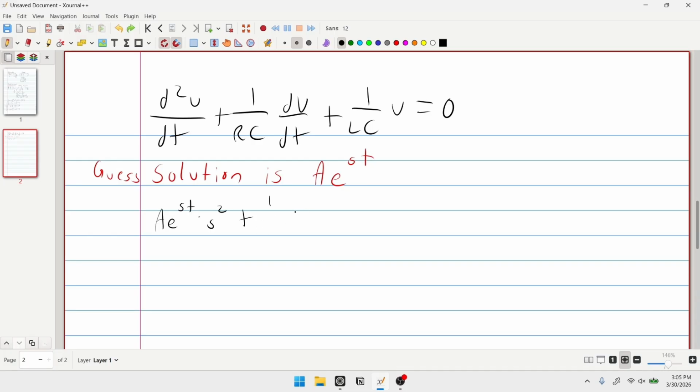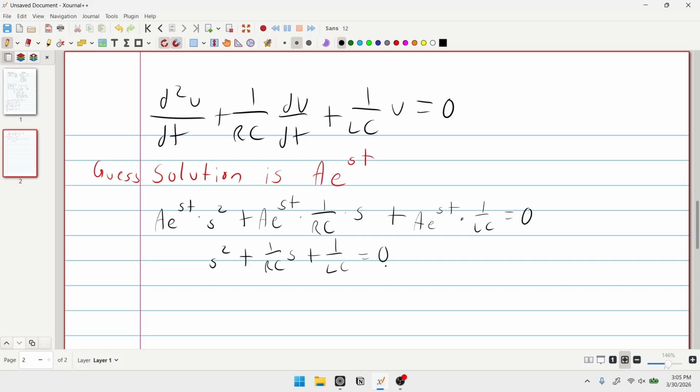Oh, let me actually just put a e to the st times 1 over RC times s plus a e to the st times 1 over LC, right, equals 0. And so if we divide both sides by e to the st, we can simplify this to s squared plus 1 over RC s plus 1 over LC equals 0.